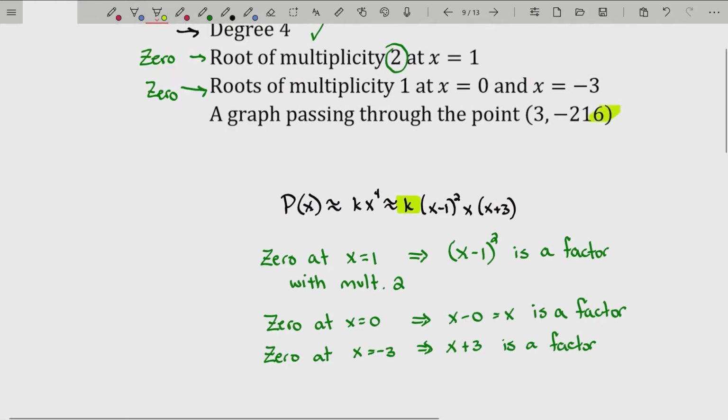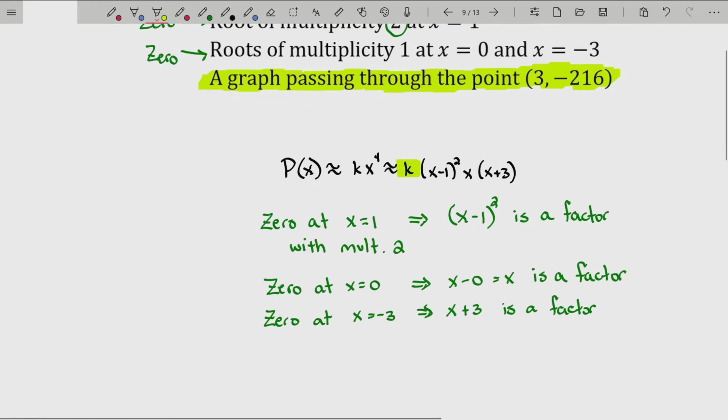And they do, luckily. They tell us that the graph goes through the point 3, comma, negative 216. Not my favorite number to plug in here, but we're just going to do it.